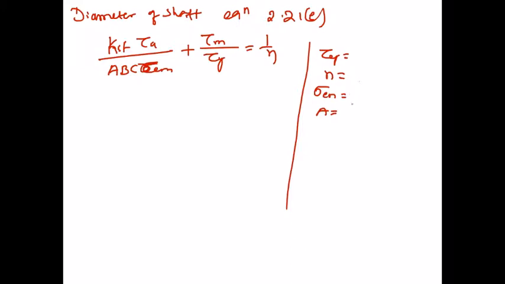You can select value of A 0.6. And B they have given 0.85. C also they have given 0.87. They have calculated KTF, it is around about 1.54.